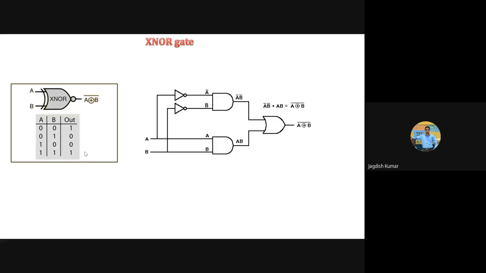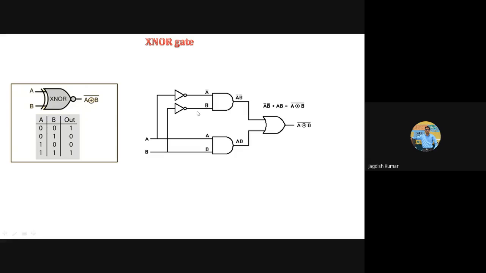How can we realize the exclusive NOR operation? Now you can see this circuit. Again, there are various ways of proving this, but we can note it for the time being as such. Then when we will be discussing those Boolean algebra theorems, I will be talking about this in detail.